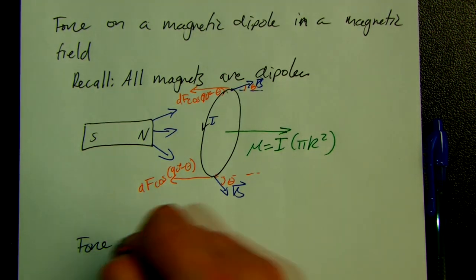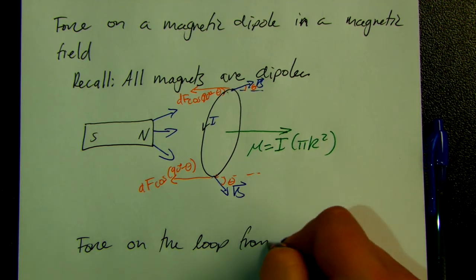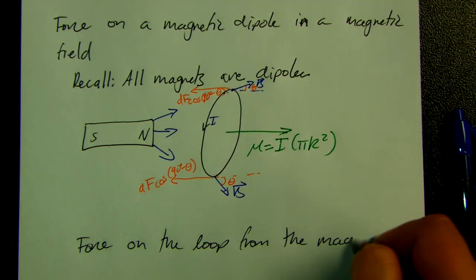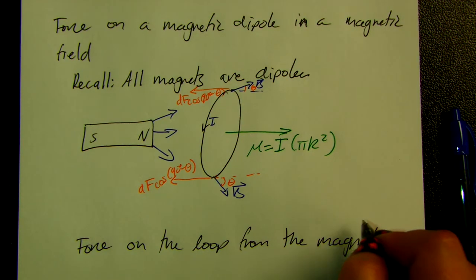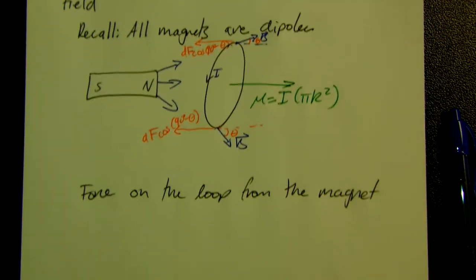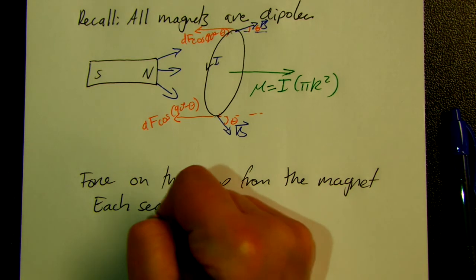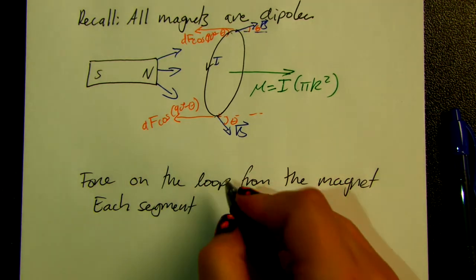Okay, so let's think about the force on the current carrying loop from our dipole magnet. So each segment of the loop experiences a force. We're going to take our approach of cutting it up into pieces.